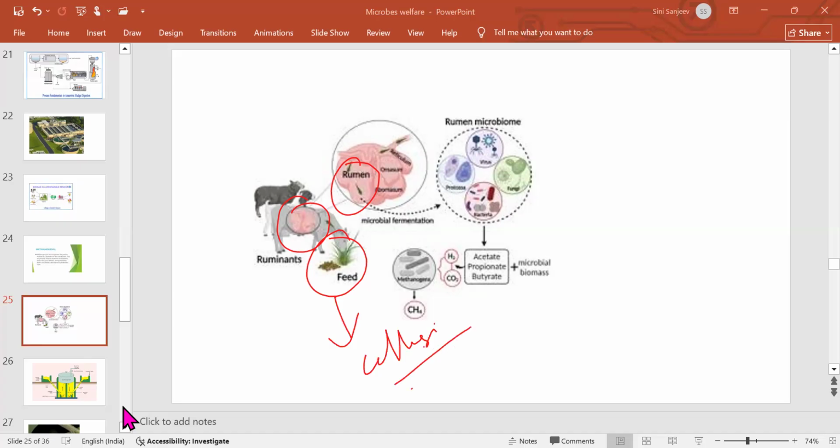Cellulose is very difficult to digest, so the animal has to churn its food again and again for digestion to happen properly. For that purpose, the rumen already contains the microbiome, which degrades the cellulosic material that is difficult to digest.